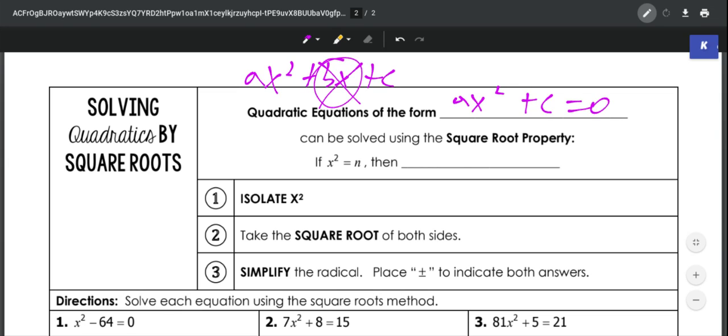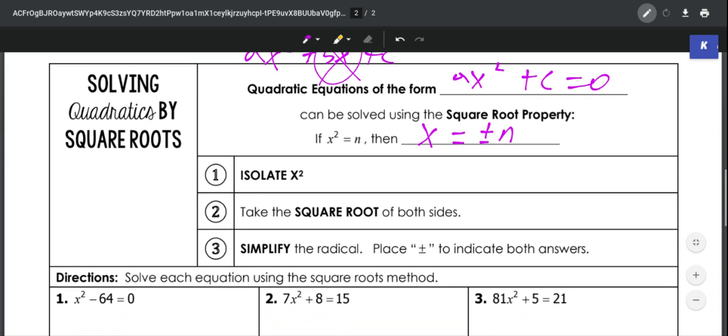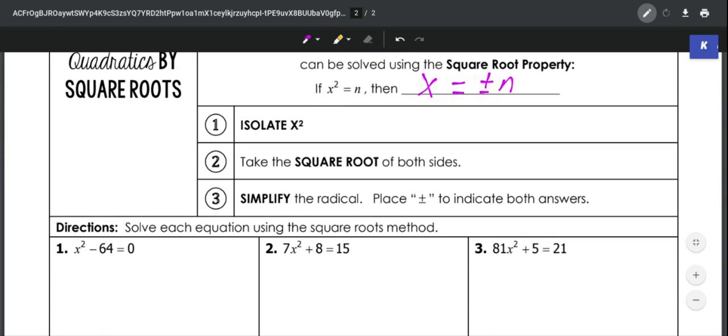So the square root property says if x squared is equal to n, then the answer is x equals plus or minus the square root of n. So I'll show you how we do that with these steps.